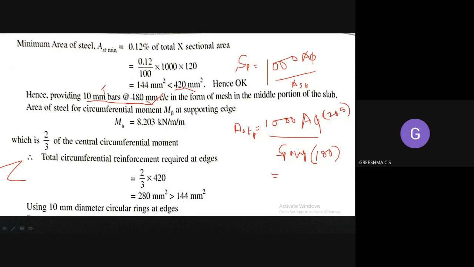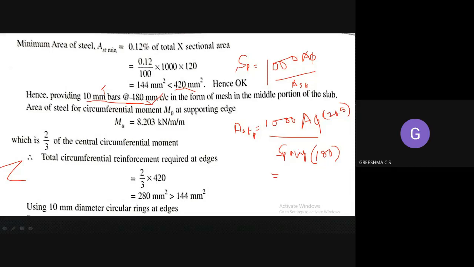What we actually provide at the site? This 420 mm as per the equation, we will never be able to provide at the site. So let us see what is the correct value we can provide. If you are providing 10 mm diameter bars at 180 mm center to center, how much will be the AST provided?